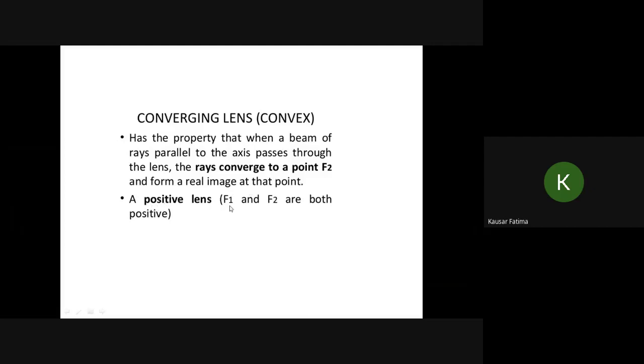For a positive lens, f1 and f2 are both positive. It means a convex lens has real principal foci, the focal points where parallel rays of light get focused are real.